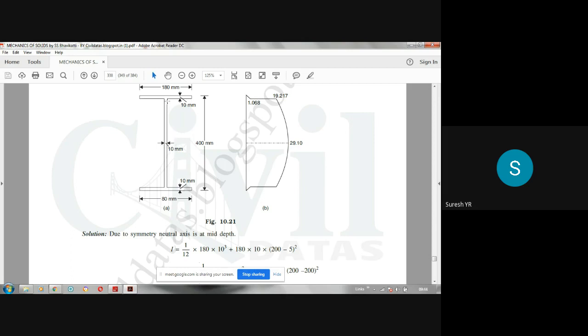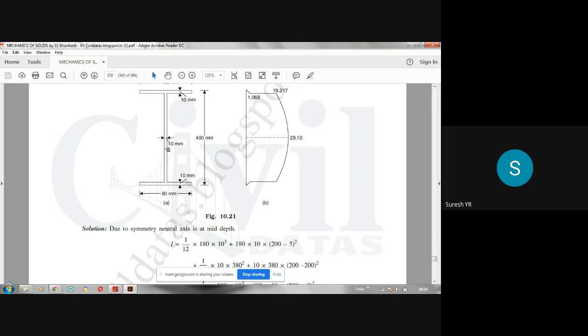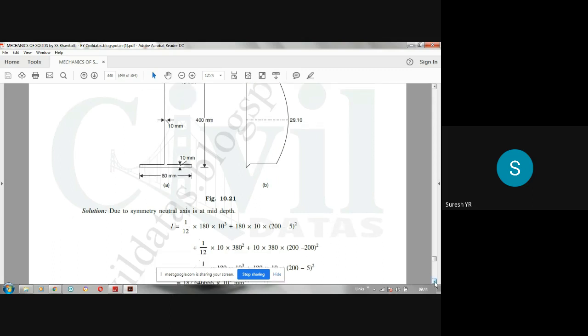From 200 you have to deduct 5 mm because the centroid will be here. So 200 minus 5, square of that. That is the first term. Plus for the second rectangle, B D cube by 12, B is 10 and D is 400 minus 20, that is 380. So it becomes 10 into 380 cube by 12. It should be cube here, please make that correction. Mistakes are there.